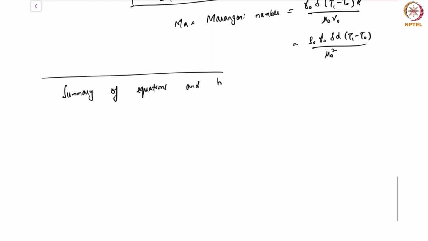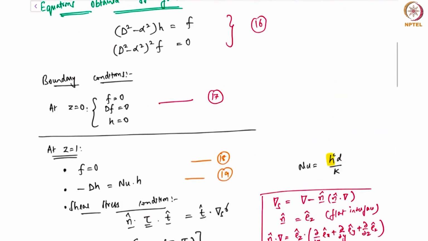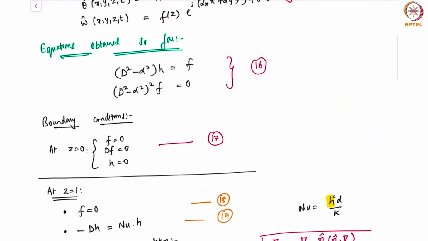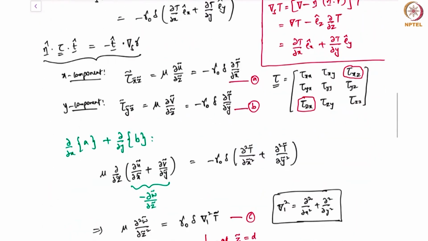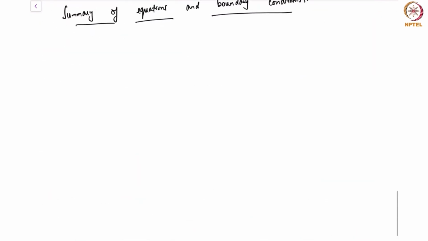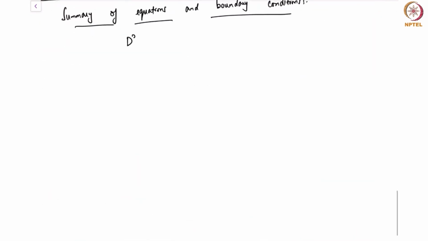Equations and boundary conditions. So we'll start with the equations that we first wrote down. Equation 16. I'll write down the first equation for f: D square minus alpha square, whole square, of f is equal to 0.